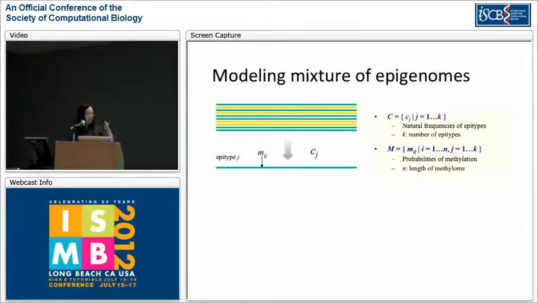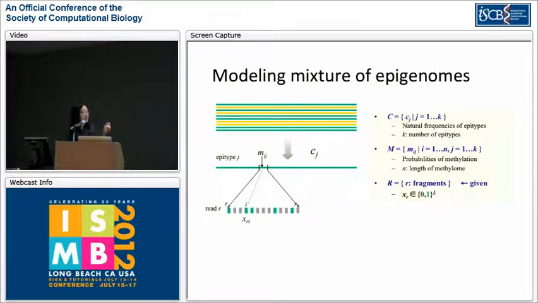So one epitype is really just a row in this methylation matrix. Then a read is just, if you take a fragment from this epitype and send it to a sequencer, you end up with a read. And of course, for the fragment on the epitype, what you have are the probabilities. And the read in the end is your observation.